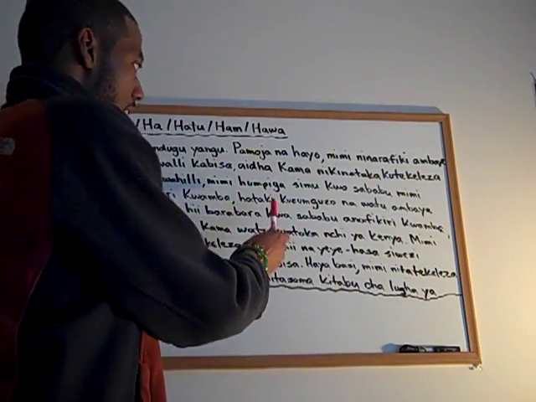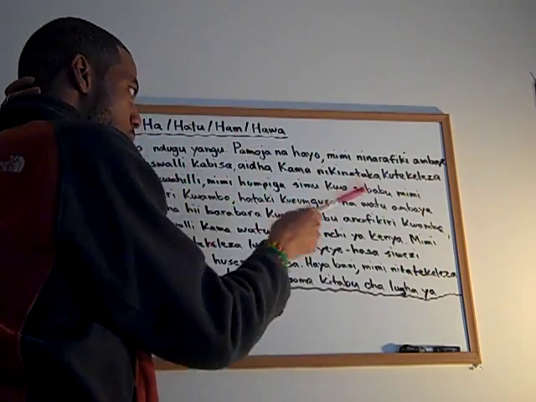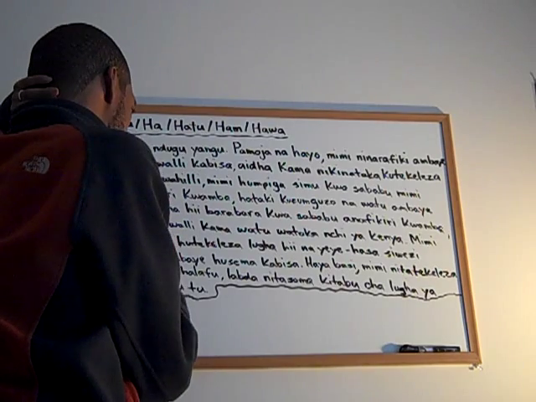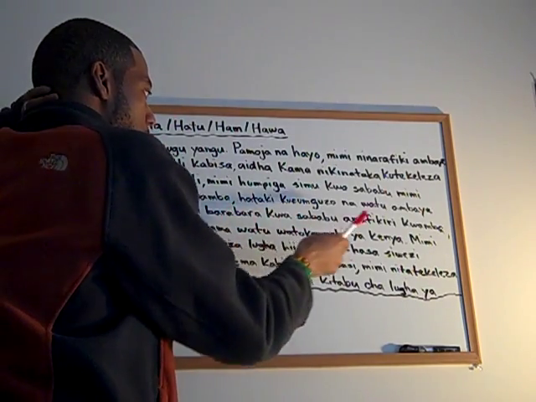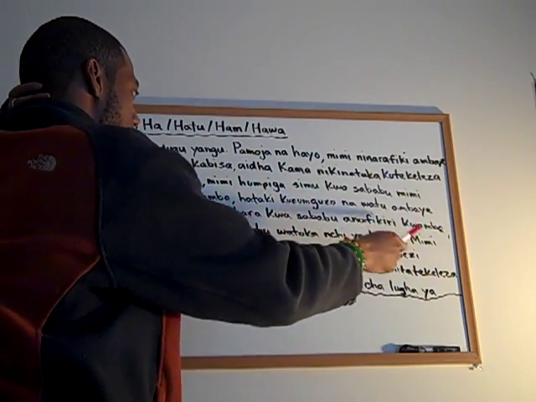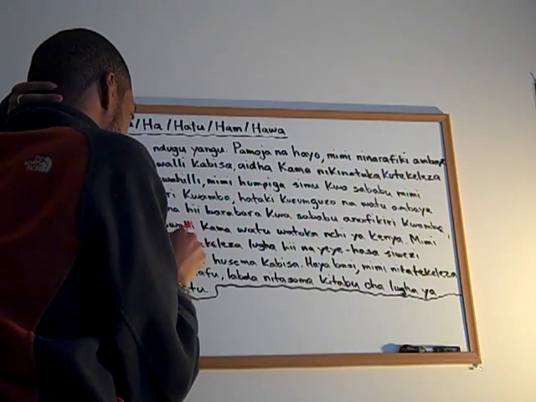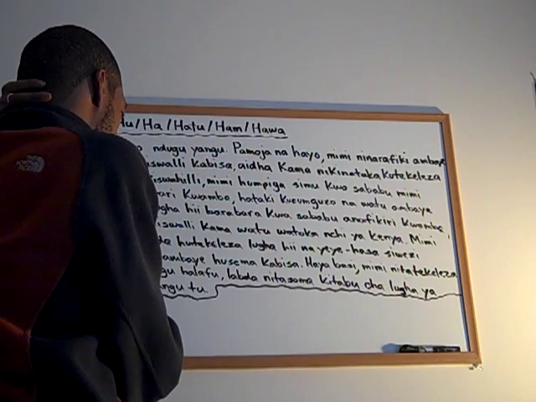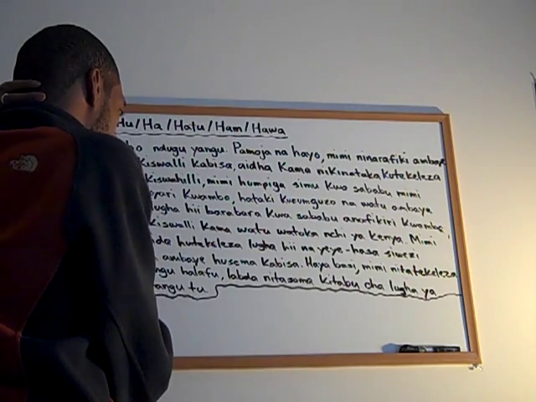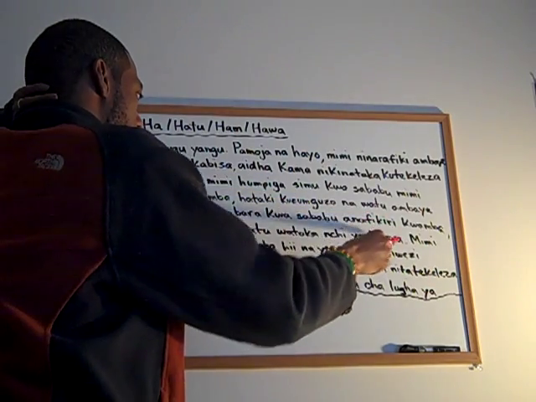I know that he doesn't want to talk with people who can't speak this language barabara, fluently. Kwa sababu anafikiri kwamba, because he thinks that hatasemi Kiswahili kama watu watoka nchi ya Kenya, because he wants to speak Swahili like people from the country of Kenya.